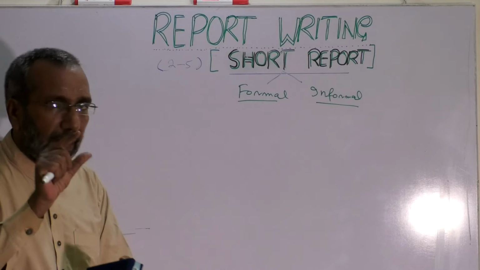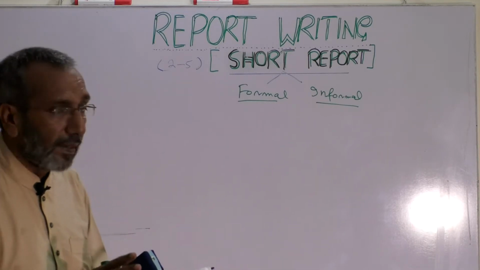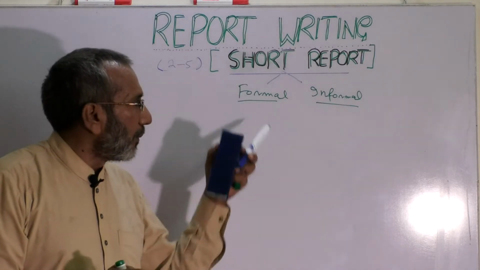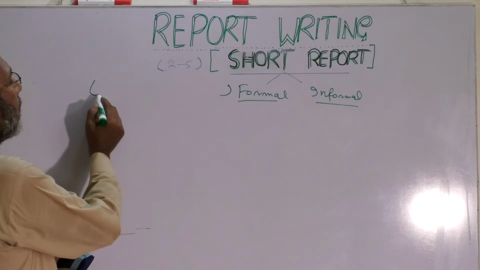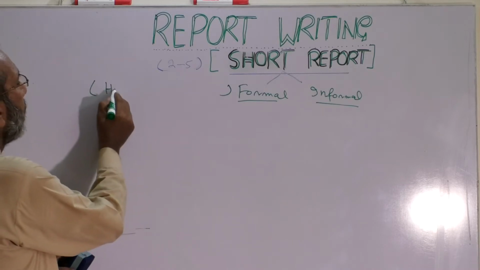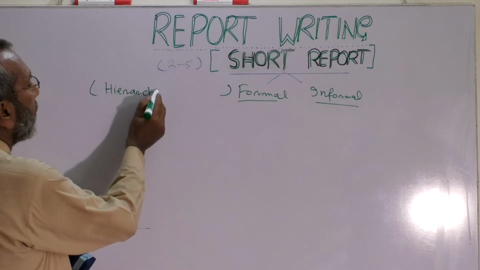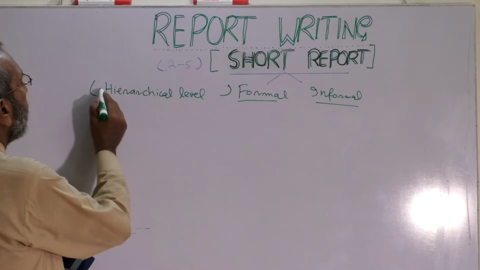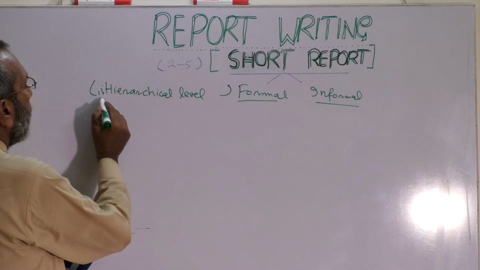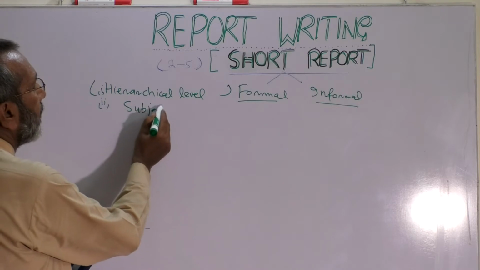And the subject of that report is very important. So to make a thing formal, as I said earlier, two things are very much required. Number one, hierarchical level: the person who has asked you to write that report. And the second thing is the subject or subject matter, in case of long report or short report.